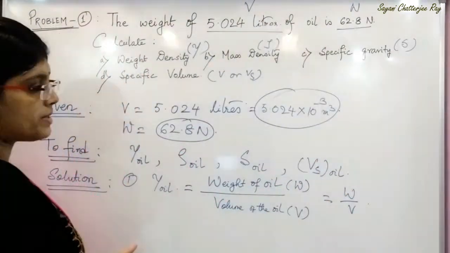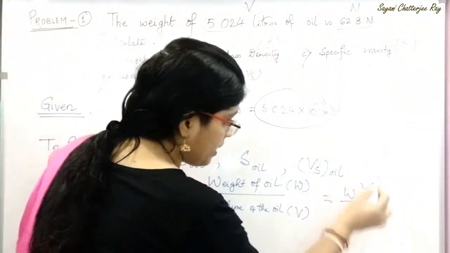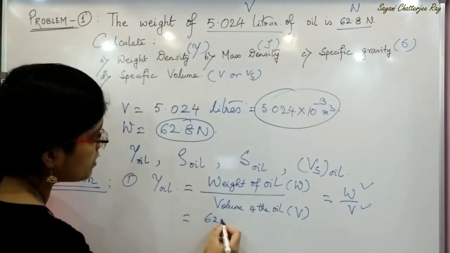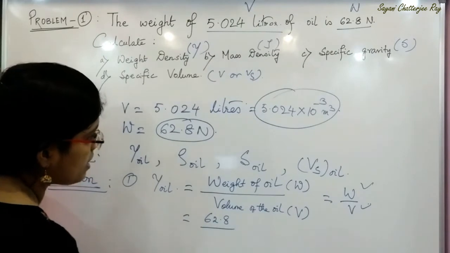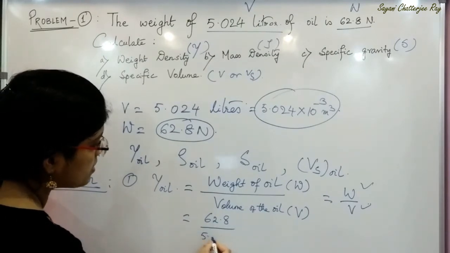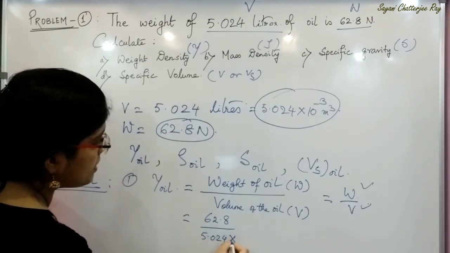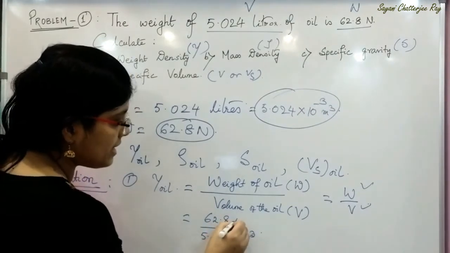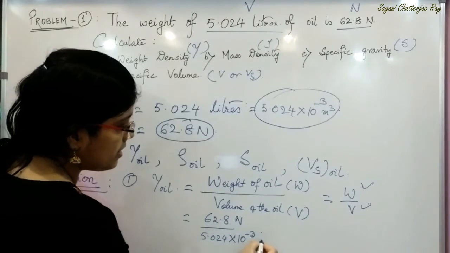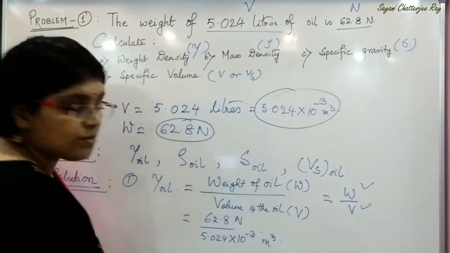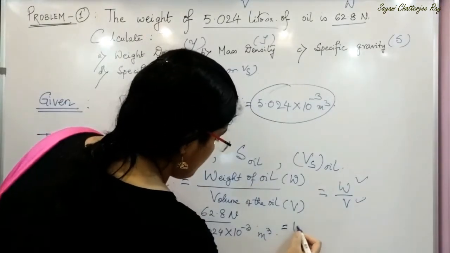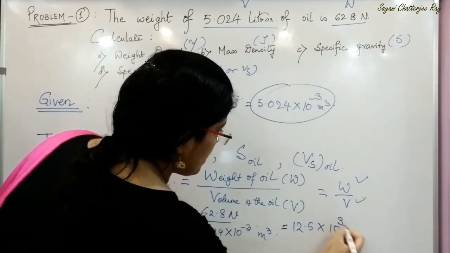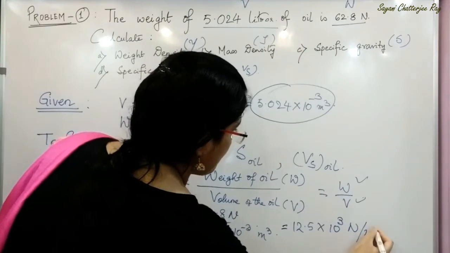We substitute the values of W and V, so we get 62.8 divided by 5.024 multiplied by 10 to the power minus 3. 62.8 is in Newton and this is in meter cube. So this comes out to be 12.5 into 10 to the power 3 Newton per meter cube.